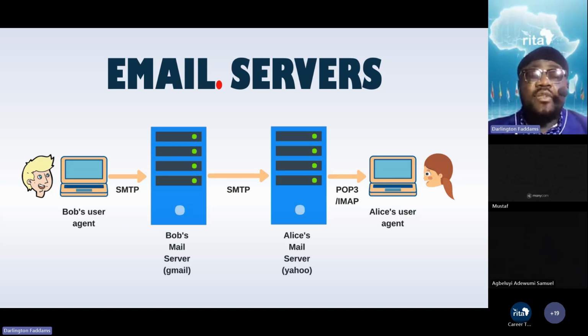If it is discovered to be a yahoo.com domain, then they will look for the Yahoo server responsible and deliver the message onto the Yahoo server. So you can see that a Gmail server has just communicated with a Yahoo server. When Alice comes to check her messages, Alice will contact the Yahoo server and retrieve her messages.